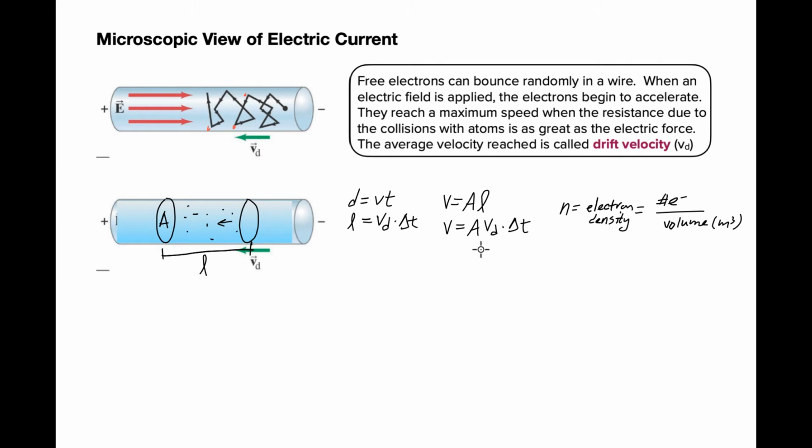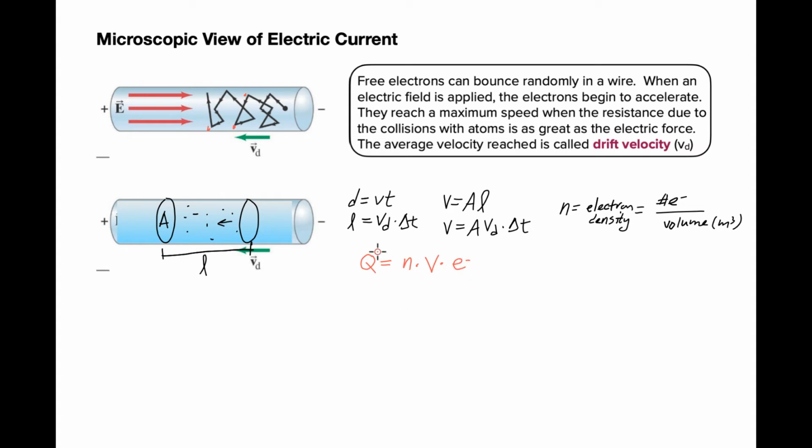Now, if we know that electron density, then we would also know our charge. Q, our total charge, would be equal to that electron density, so the number of electrons per volume, times the volume we know we have, times the charge on an electron.